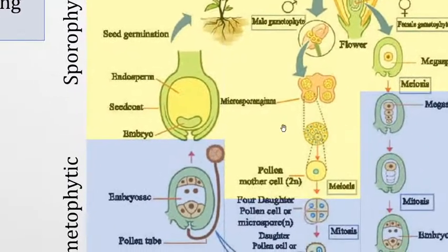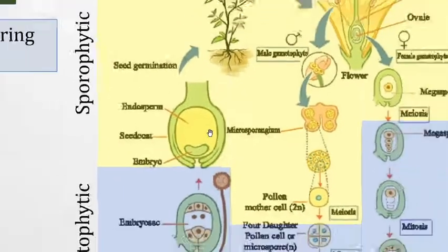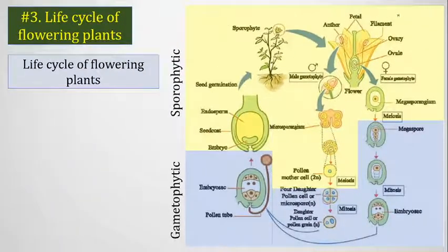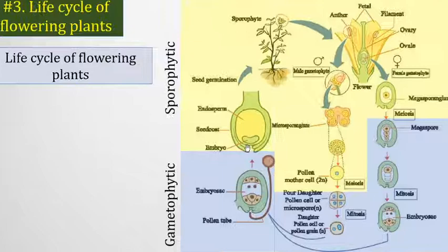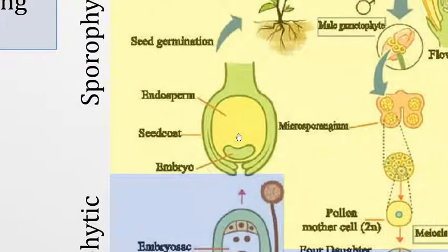In the diagram, the orange colored region denotes the sporophytic stage, and the blue shaded part is called the gametophytic stage. The sporophytic stage starts when the two opposite gametes fuse together to form the embryo.